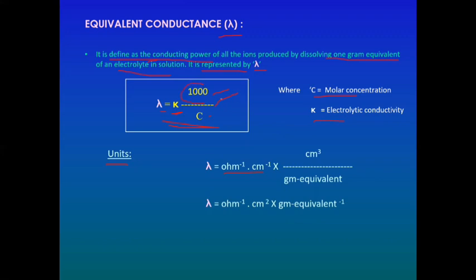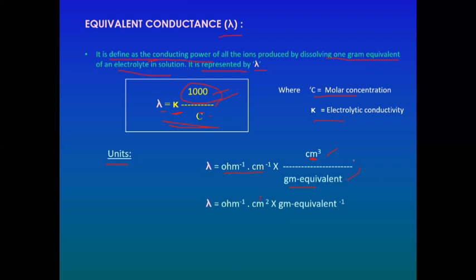And here we are taking the volume of a solution. What are the units for the volume? That is centimeter cube. And C means the concentration, which here we are taking in terms of gram equivalent weight. So finally, we can get the units for the equivalent conductance. One centimeter is cancelled, so centimeter square remains.